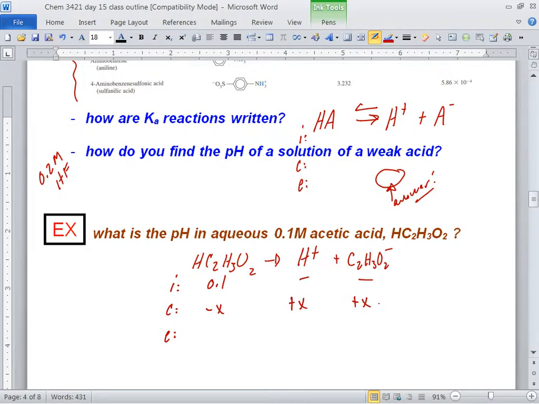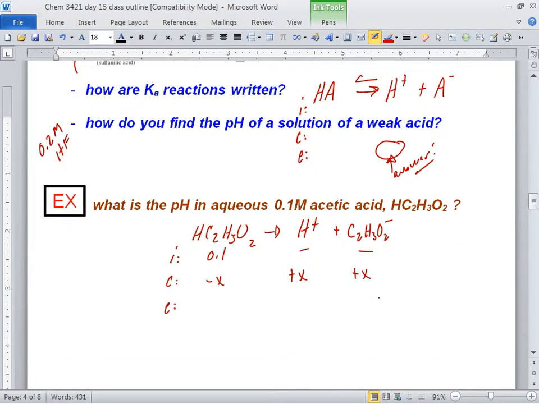Then our answers, Ricky, are in the E row at equilibrium concentrations. What would they be? For acetic acid, it would be 0.1 minus X. The next one would just be X for the hydronium, and then the same for the acetate. He mentioned hydronium. H3O plus is the same as H plus.